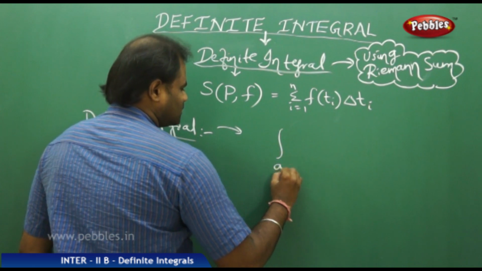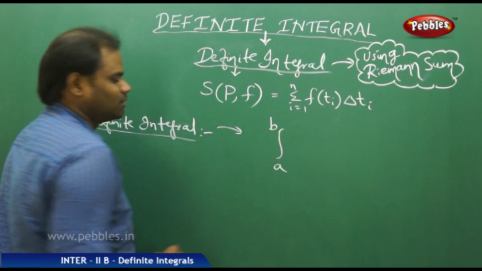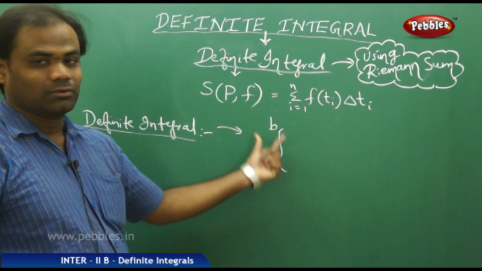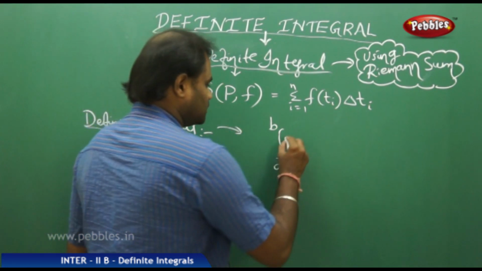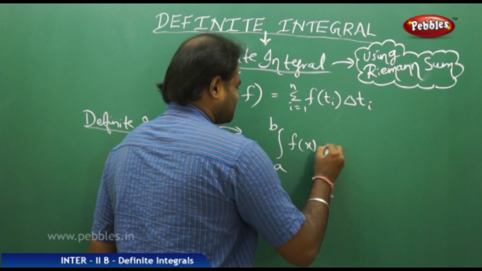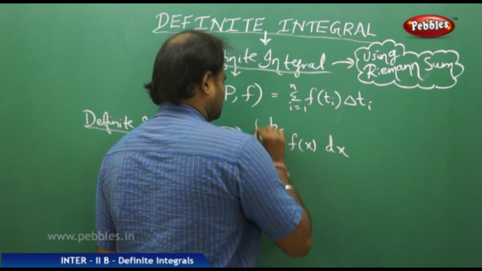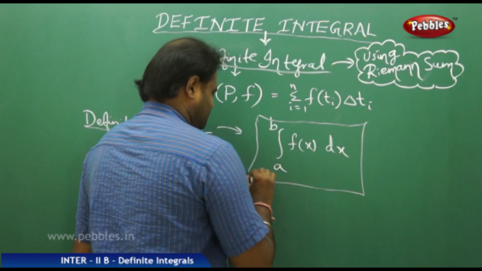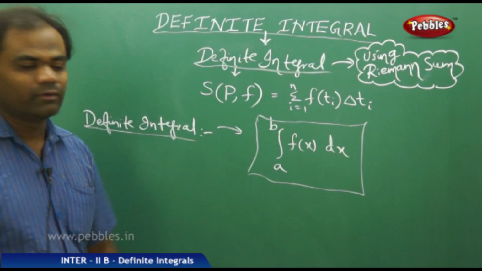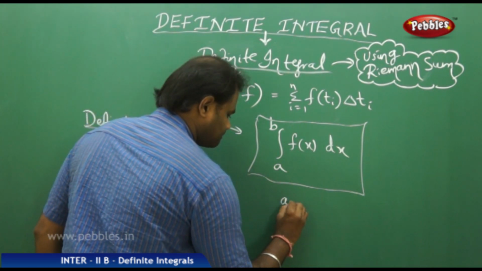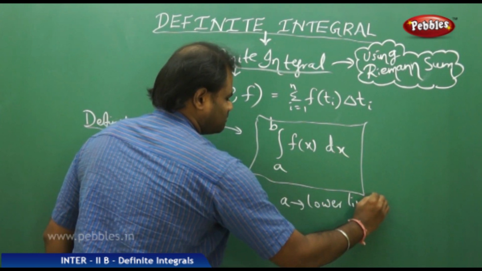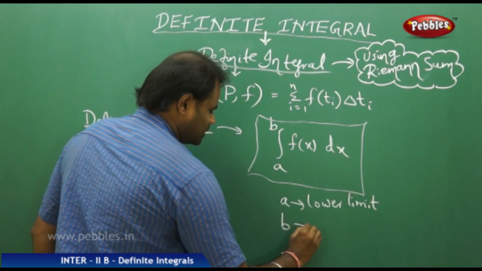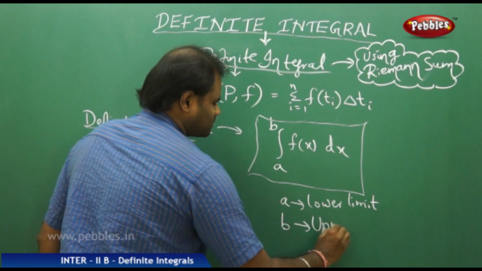as the integral from a to b, using the bounds for the function, because the function f is bounded, of f of x dx, where a is called the lower limit and b is called the upper limit.